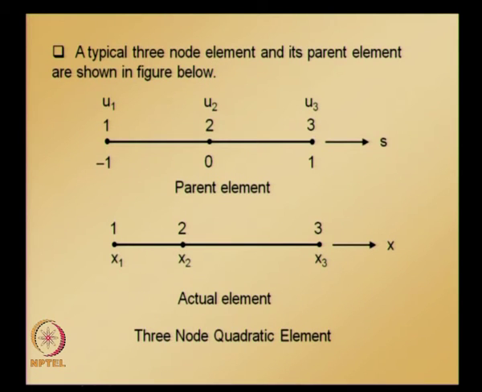Now, we need to write the shape functions of the parent element, because we require them to get the relationship between the x coordinate and s coordinate system, and we can get the expressions for the shape functions of the parent element using the Lagrange interpolation formula.